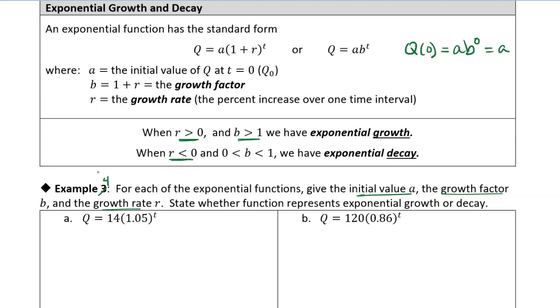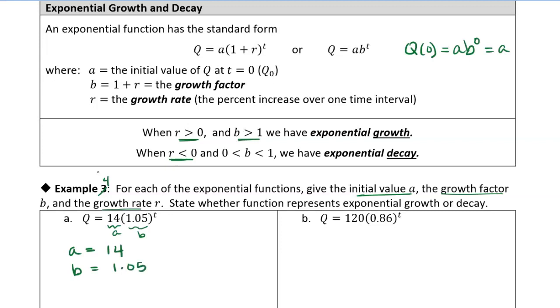Now these first two are pretty straightforward. We can compare this exponential function with the standard form, and we can find those values that we're looking for. So you can see this is a, and this is b, and so I can say that a is equal to 14. That's our initial quantity when t equals 0. B is equal to 1.05.